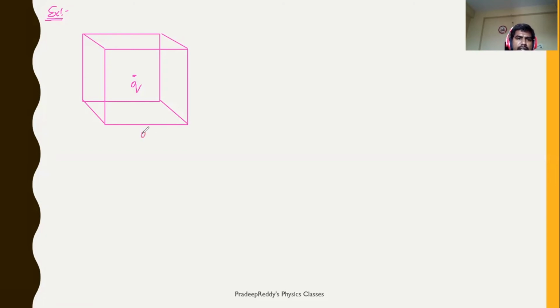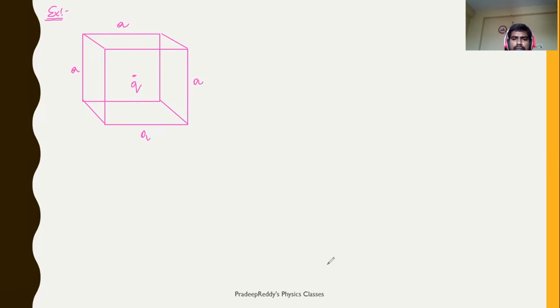This cube has side A. Each side is A. Now there is one charge placed inside this total surface. This cube has volume V, each side is A, and this charge which is placed over here, it is enclosed.